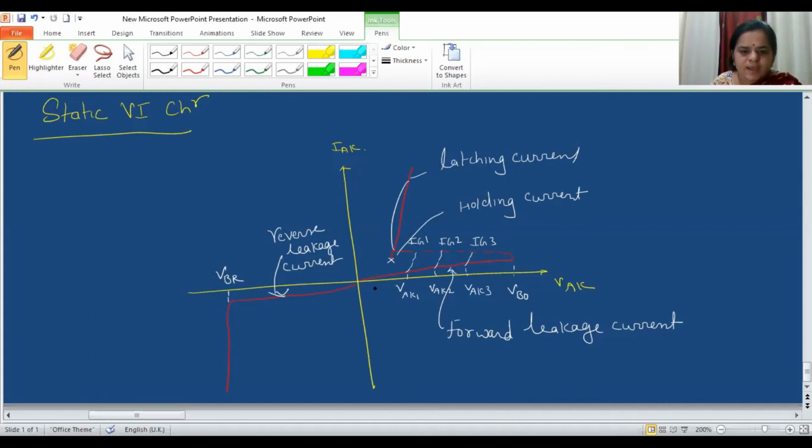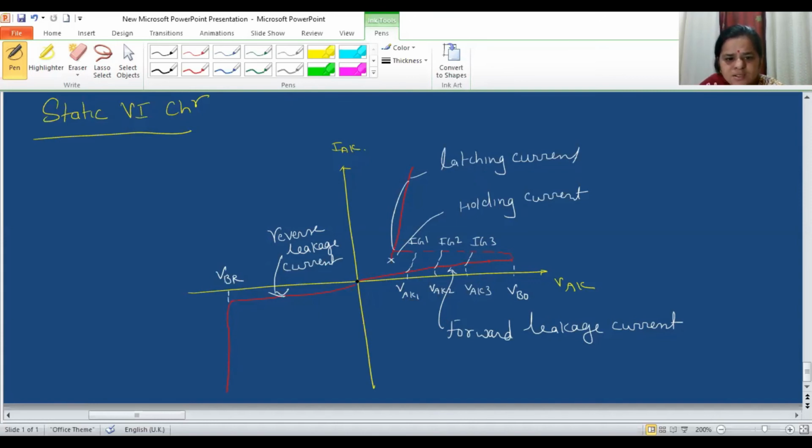Now you can see here, initially in red color I have plotted the characteristic, white color I have used for the labeling, and yellow color I have used for the X and Y axis. Now you can see here, when we increase the anode cathode voltage, there is a very small increase in the current.